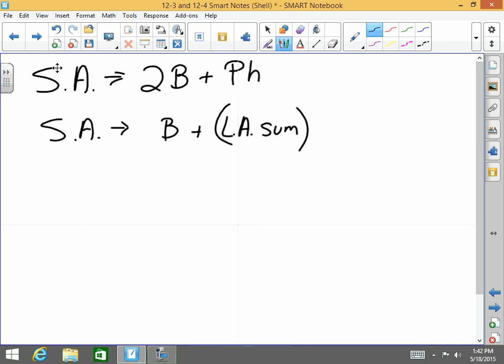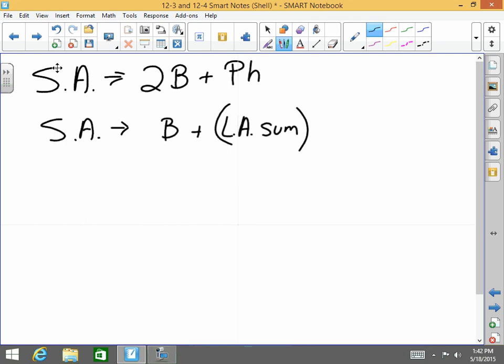So for example, let's say you had a pentagonal pyramid, and the pentagon was regular, and you found the base area of that pentagon. Great. Now you have 5 congruent triangles, not necessarily equilateral, but they're all congruent. So you'd find the area of one of those triangles multiplied by 5.